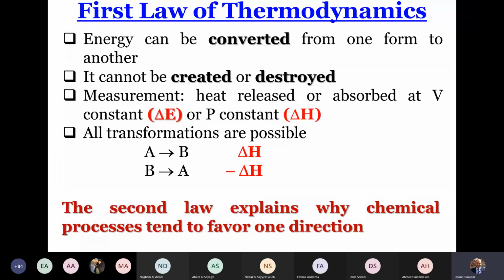For example, the reaction from A to B is possible, the reaction from B to A is impossible. We have to explain the reasons for this. So we pass to the calculation of another thermodynamic data that we call delta S, the variation of the entropy, or the entropy change.